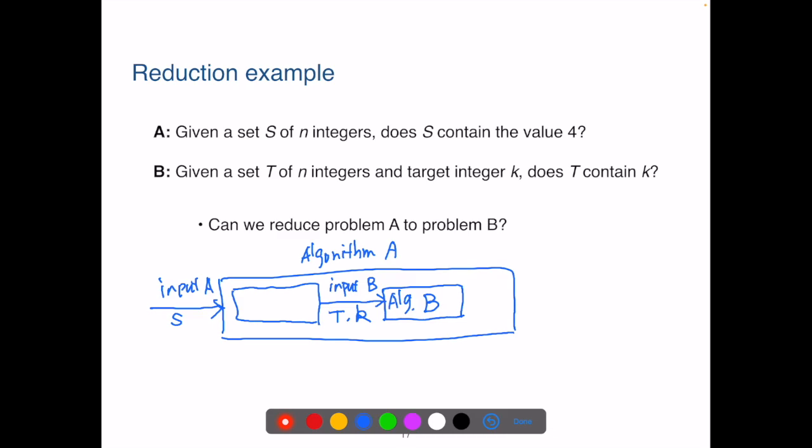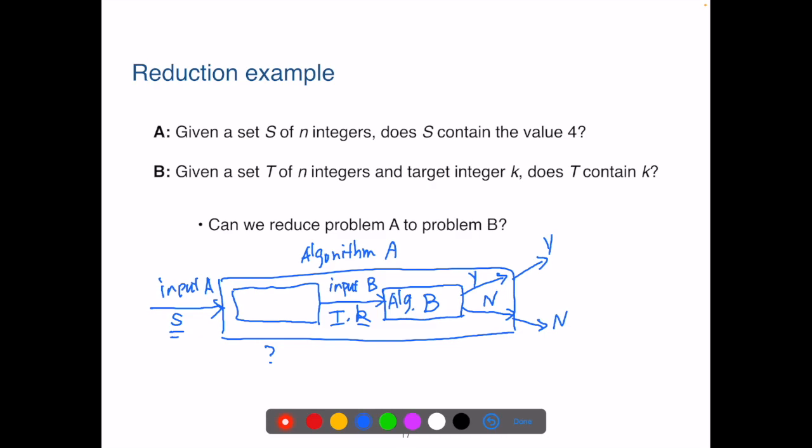So how can we convert S to T and K such that when we give that specific input instance to algorithm B, if it gives us an answer yes, then we would also have an answer yes for the problem A. If it gives us an answer no, then we would also have an answer no to the original problem A. So how can we do the transformation here?